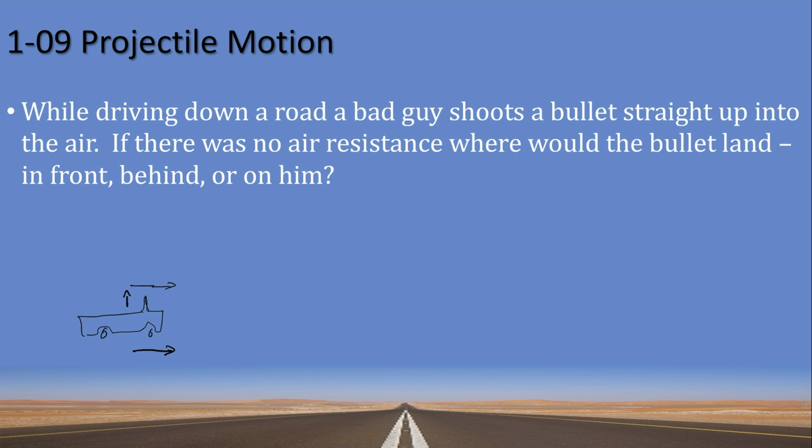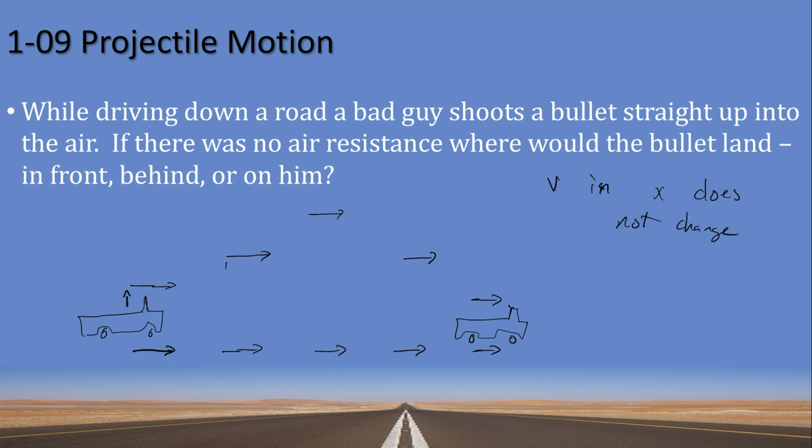And so his car moves on. But in each instance, the bullet still has that sideways velocity. So our velocity in the x does not change.